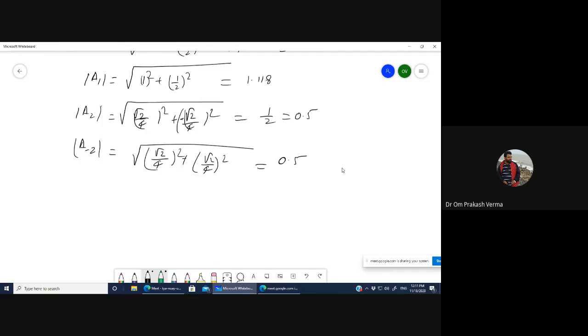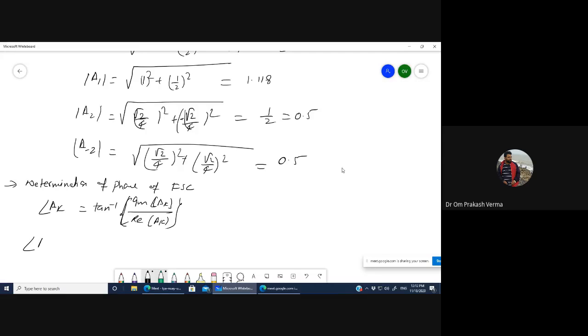So now let's calculate the phase spectrum, or phase of the Fourier series coefficients. It is calculated with the help of the formula tan inverse of the imaginary part of AK divided by the real part of AK. For A naught, the imaginary part is 0 and the real part is 1, so it will give 0 degree.